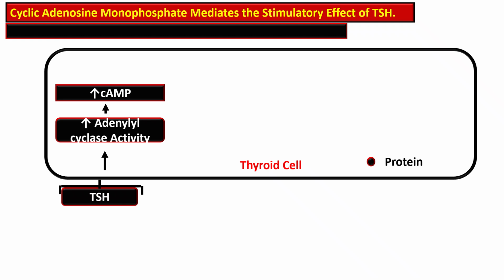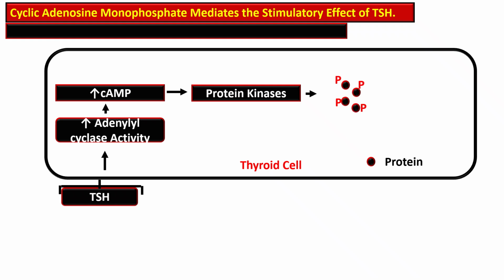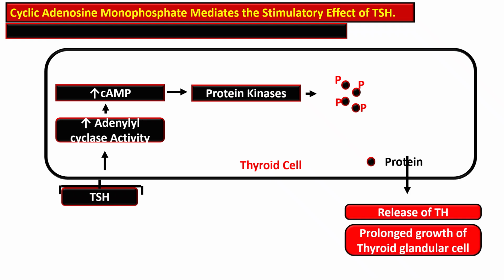Adenylyl cyclase converts ATP into cyclic AMP, and this increased cyclic AMP activates protein kinase A. Protein kinase A triggers the phosphorylation of key intracellular proteins, and this results in increased secretion of T3 and T4 from the stored thyroglobulin. There are some prolonged effects, that are the increased synthesis of thyroid hormone and increased growth and function of thyroid cells such as hypertrophy and hyperplasia.